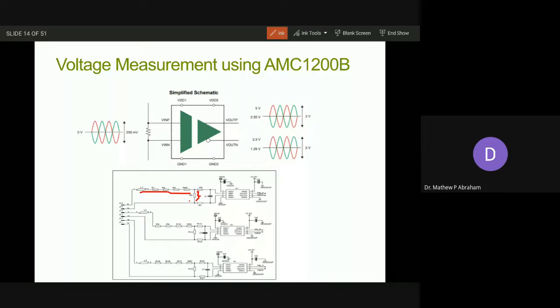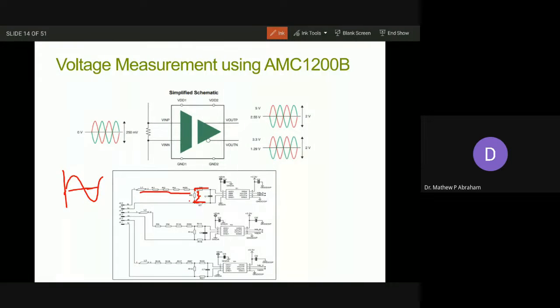And the voltage across the low voltage is taken out. So a large voltage, 230 volt grid voltage, can be reduced to a very small voltage by making use of a simple voltage divider circuit, right? And it is fed to a differential amplifier circuit like this.